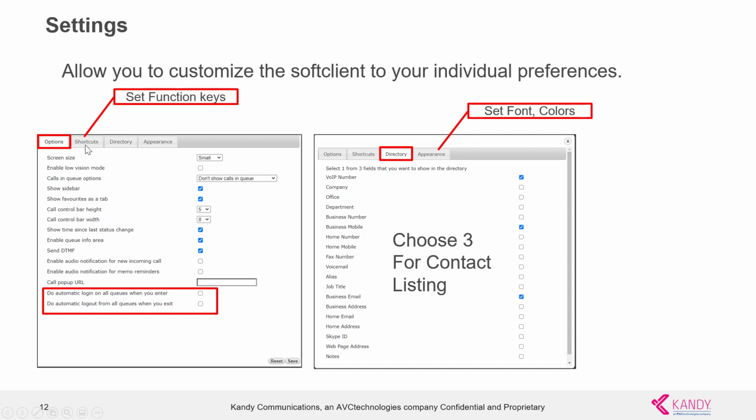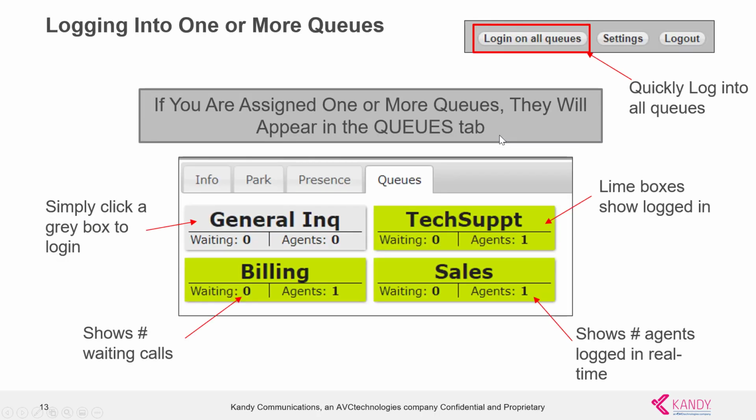The Shortcuts tab allows you to change the default shortcuts for answering calls, transferring calls, and so on. And there are many, many for you to choose from. The Appearance tab lets you set fonts and colors away from the default. So if you need it to appear darker or the fonts to be different.